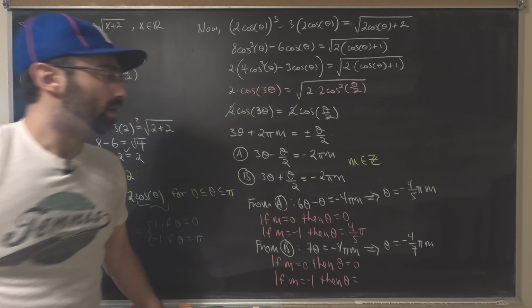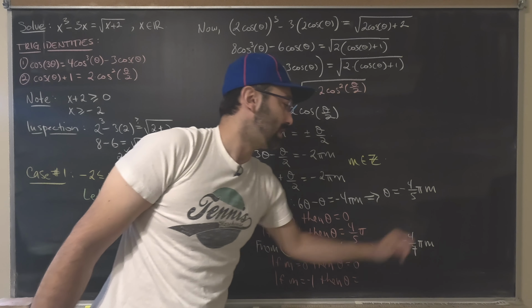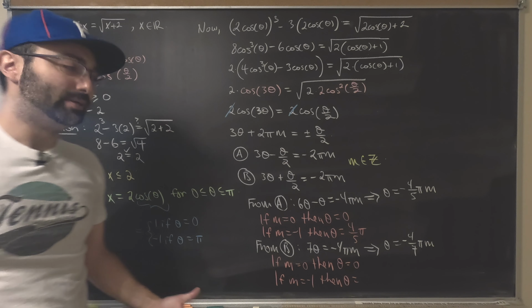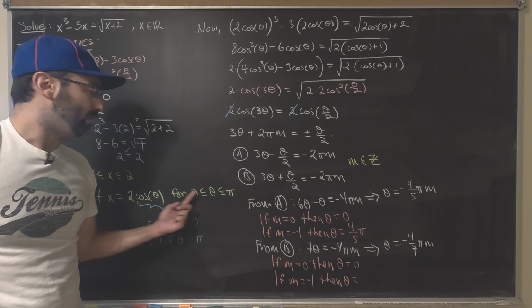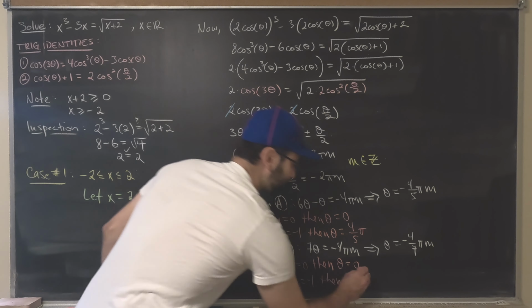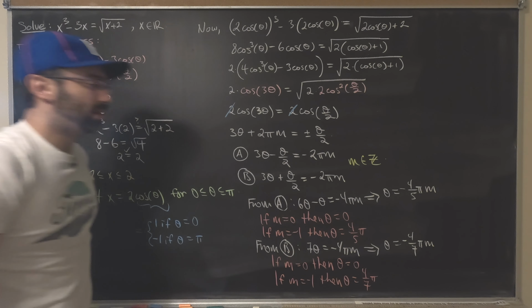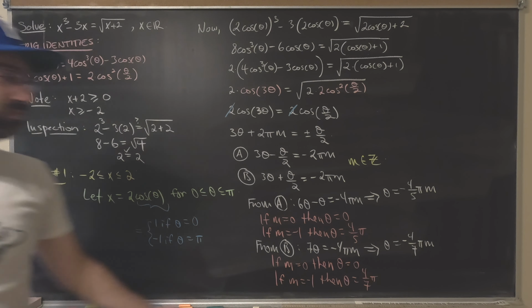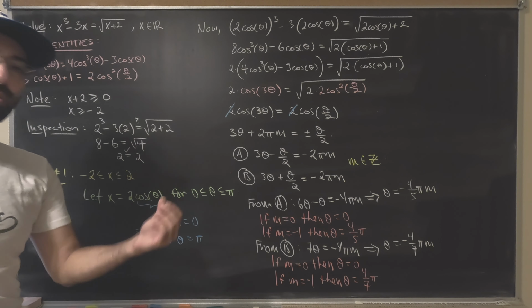Why is that? Well, if m is negative 1, we have negative 4/7 pi times negative 1, that's 4/7 pi. Now 4/7 pi is less than pi, and it's positive, so it is between 0 and pi. But again, if we choose m any lower than negative 1, for example negative 2, then we hit 8/7 pi, that's a little more than pi.